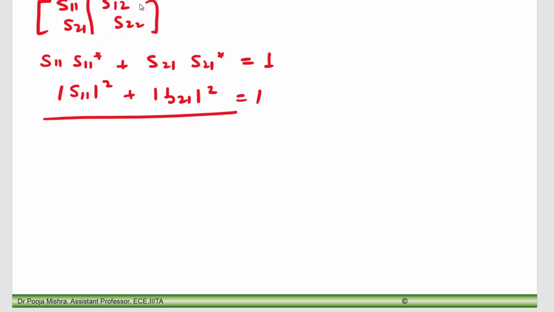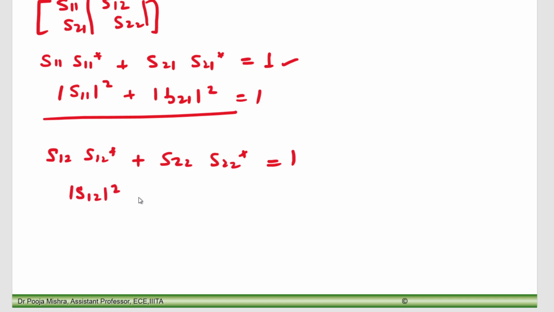Now similarly, if this comes out as 1, you need to check the second column. S12 S12 conjugate plus S22 S22 conjugate should come out as 1, which is equal to mod S12 square plus mod S22 square is equal to 1.